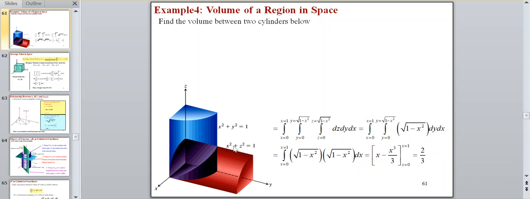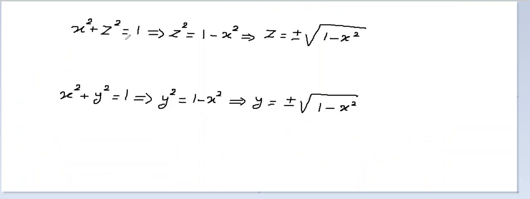How to find the equation of this upper surface? Using this equation, I have done it here for you. We have x squared plus z squared equals 1, right? So z squared equals 1 minus x squared. So z equals plus or minus the square root of 1 minus x squared. What we are looking for is the plus. So the equation of the upper surface is z equals the square root of 1 minus x squared.